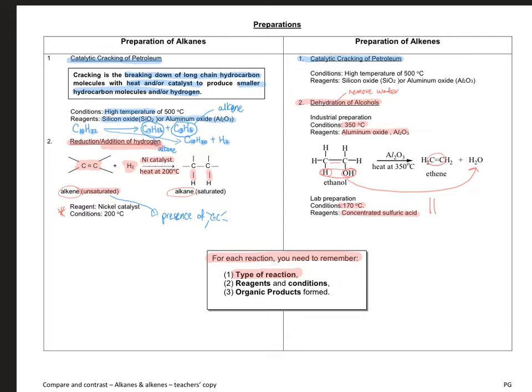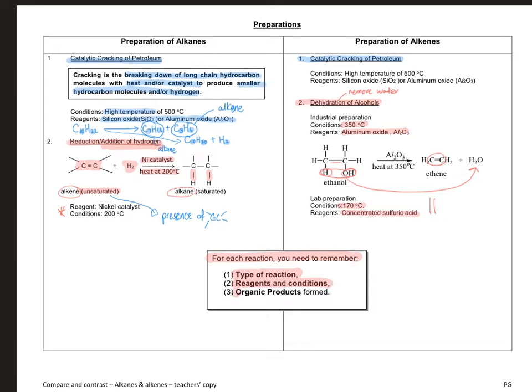When I say the type, it means the name of the reaction. For example, the type would be cracking of petroleum, and the type will be addition of hydrogen. You need to know the reagents and conditions. What's the temperature? What is the catalyst you need to add in? What are the things you need to add in?